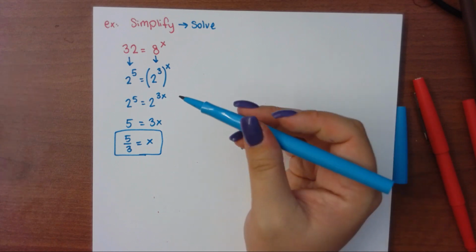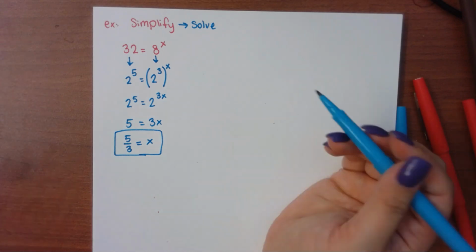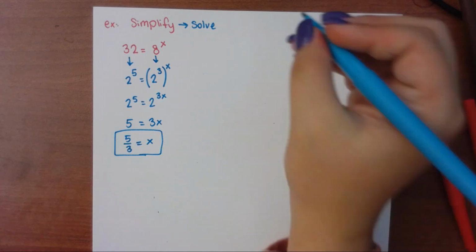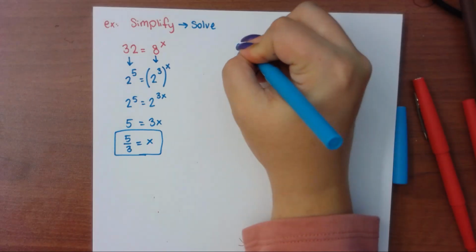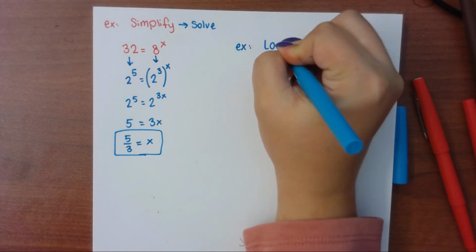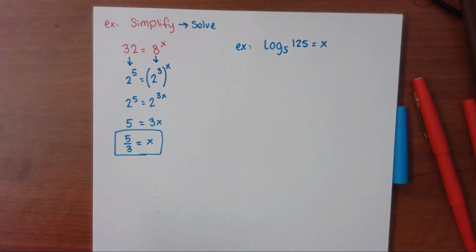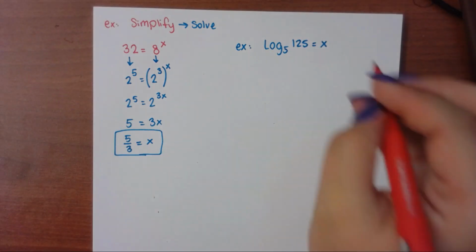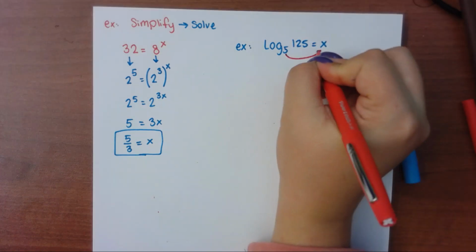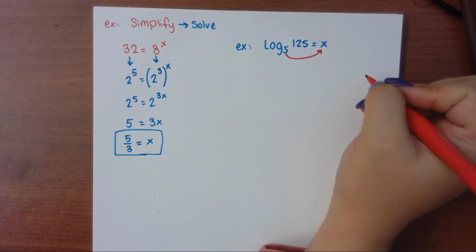But sometimes it doesn't work out that way, and we do need to utilize logarithms, but we'll talk about that when we get to it. Let's look at one more. If I have log base 5 of 125 is equal to x, then I need to solve this one. So I'm going to take the base here and make it the base over here. Changing it to exponential may help us solve it and simplify.